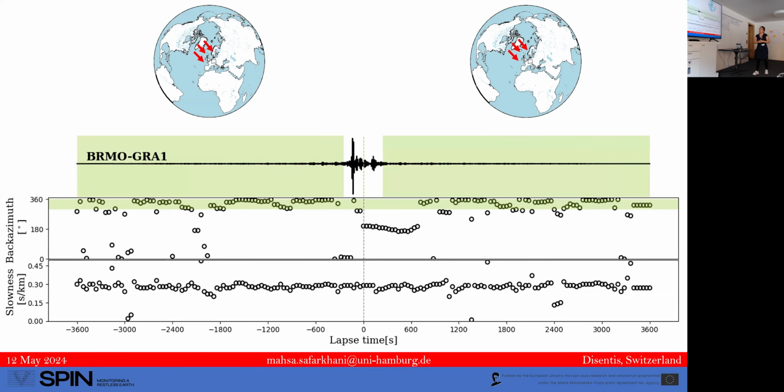The later part of the correlation wave field shows distinct directions, mostly in the direction of 320 to 360 degrees. We can interpret this as direct and repetitive Rayleigh waves that come from the north and northwest of the seismic array.